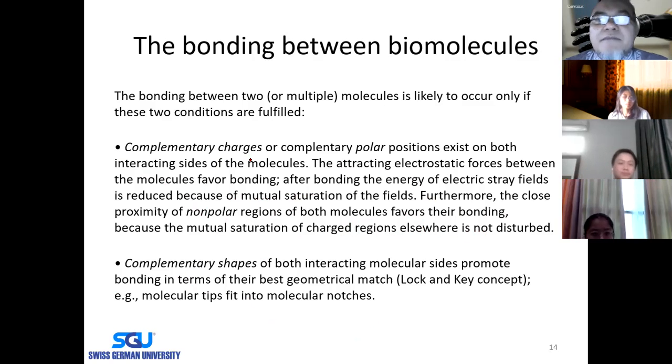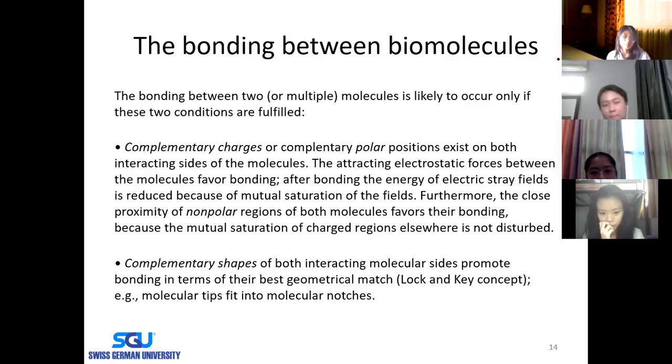So not only complementary charges are important in the binding between biomolecules, you can ask Pak Hollis later about this, about biochemistry, but also the complementary shapes of the interacting molecular sites, that will promote the bonding as well to the best geometrical lock match.